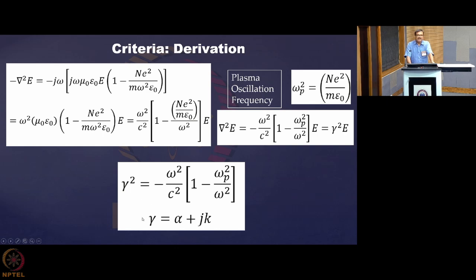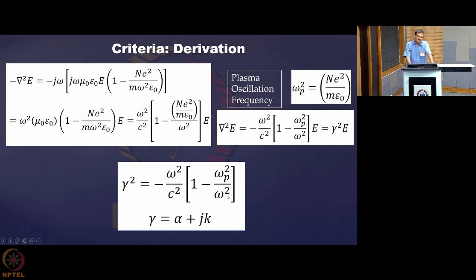So the square of a negative quantity will give you an imaginary quantity, right? So in that case it may have a solution of the kind alpha plus jk for gamma. So this is a general kind of solution. When this part is 0, gamma is real, and when the other part is 0, it is purely imaginary, or otherwise it is a complex quantity. Now it is an alpha plus jk kind of solution. It will be positive purely when omega square is less than omega p square.